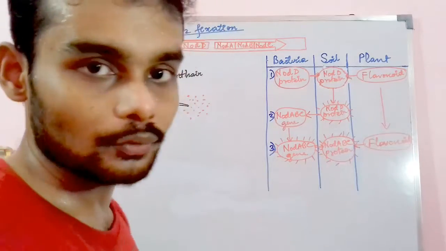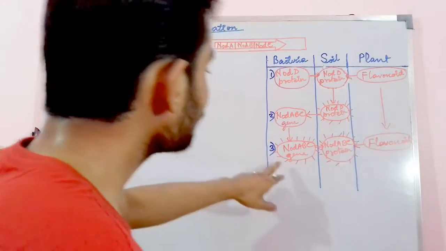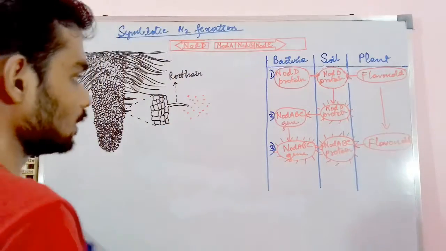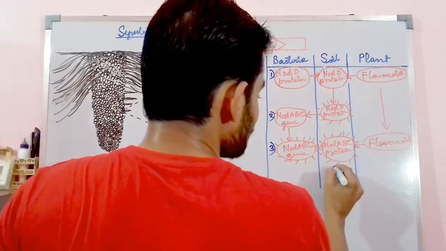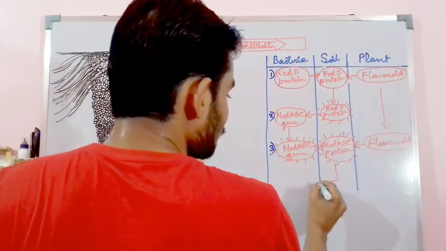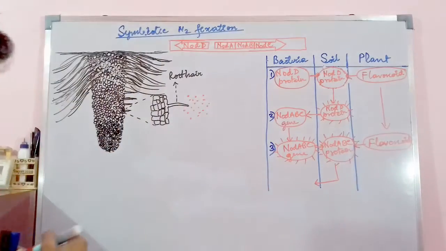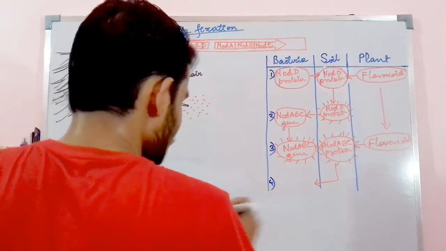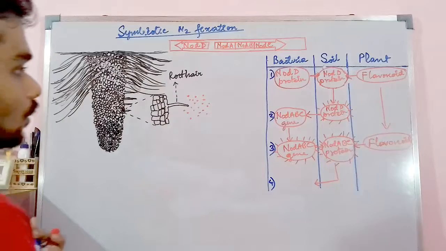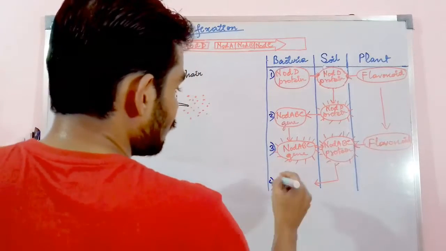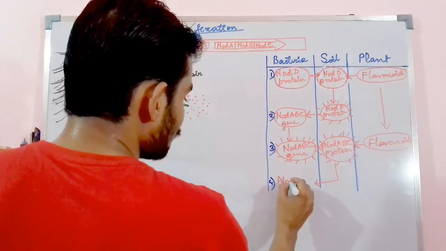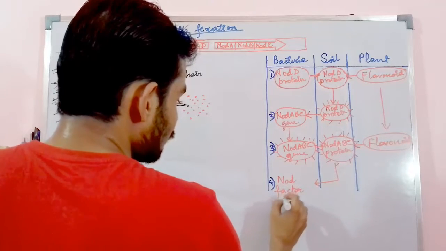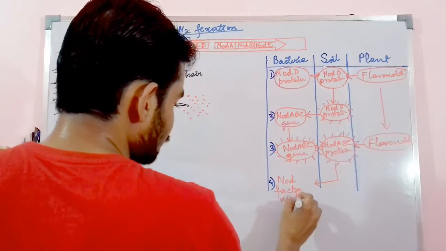this node ABC protein will now again turn back to the bacteria and modify the node factor. Okay, this node ABC protein will again come back to the bacteria and modify. In the fourth step, it will modify the node factor. Node factor modification.